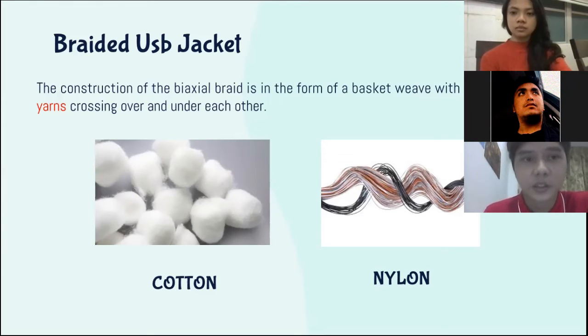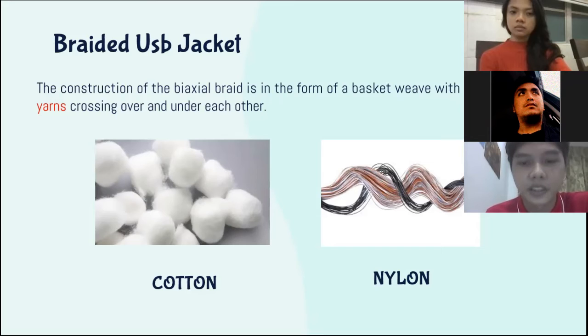Okay, so what is the braided USB jacket? So this is actually the construction of a biaxial braid that forms a basket with two yarns crossing over and under each other.